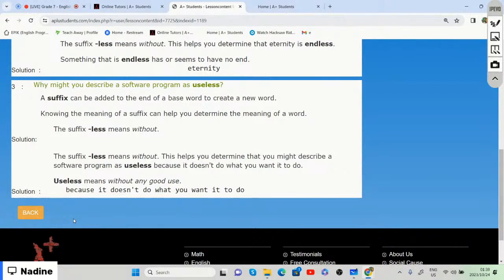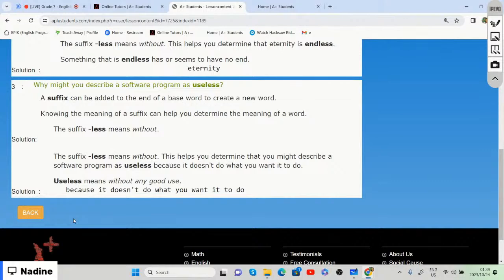We see the suffix less means without, and this helps to determine that you might describe a software program as useless because it doesn't do what you want it to do. So useless means without any good use.